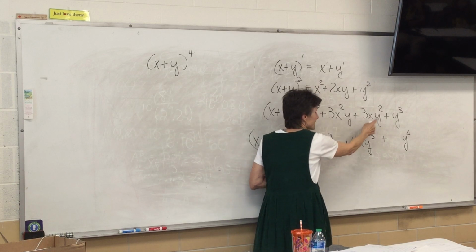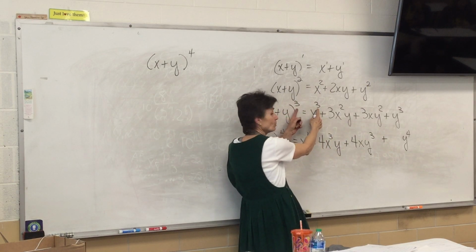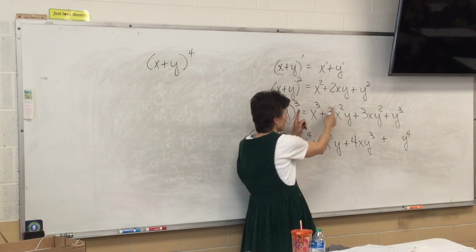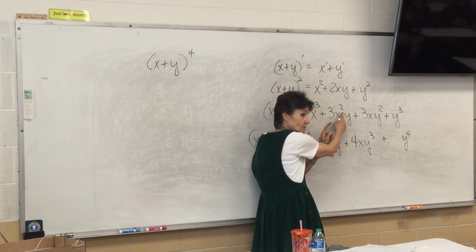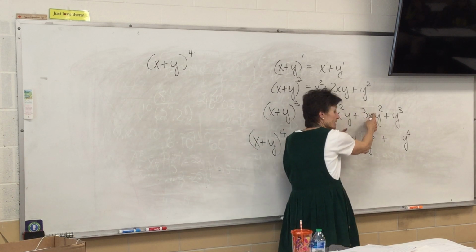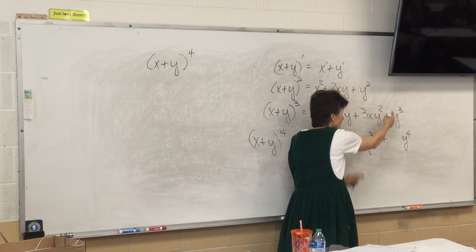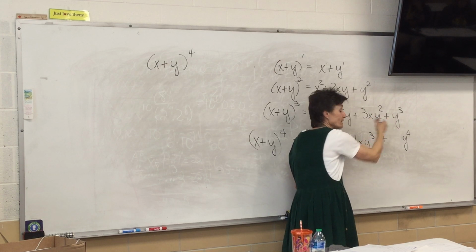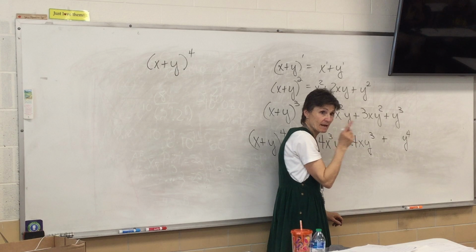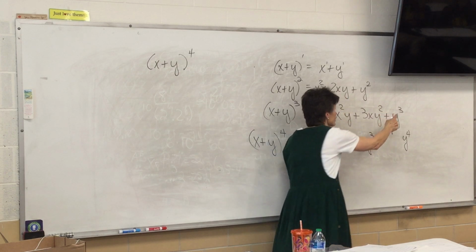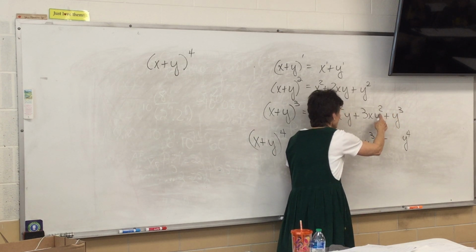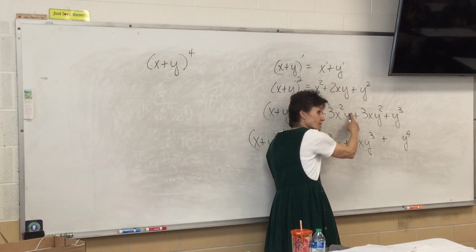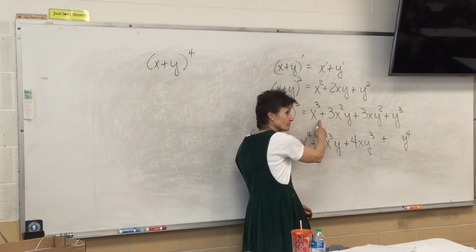Look what's happening to the x powers. We started with 3, but then it went down to 2, and then down to 1, and then it disappeared. Now what did the y's do? Same thing, but the other way. So y cubed, y squared, y to the first, and then no y at all.